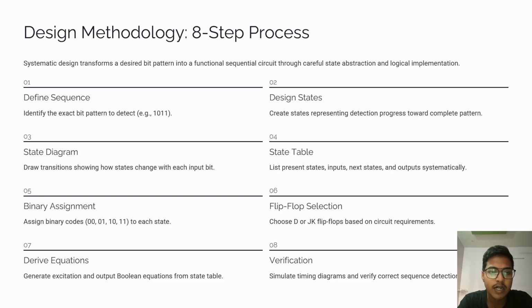For example, in detecting 101, the ending 1 of one sequence can serve as the beginning of the next. In a non-overlapping detector, once a sequence is detected, the circuit resets to the initial state before searching again. Overlapping design is faster but a little more complex.